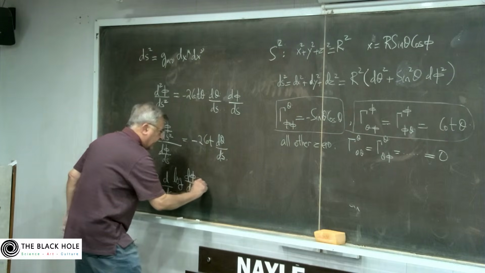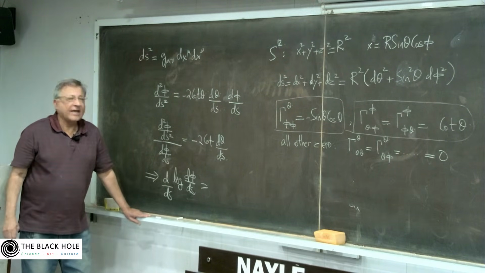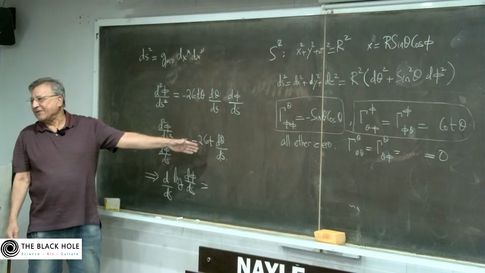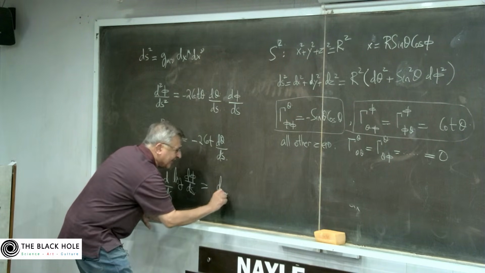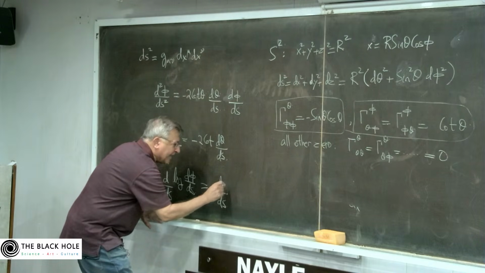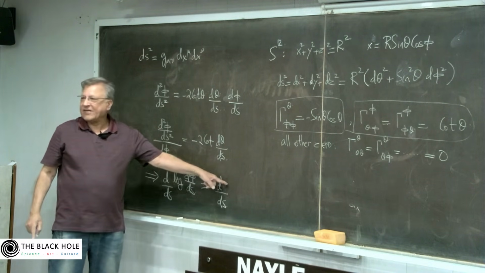And on the other side, these won't be very useful unless I can get this as a derivative. Can anyone tell me why? Can I put something over here so that if I differentiate?